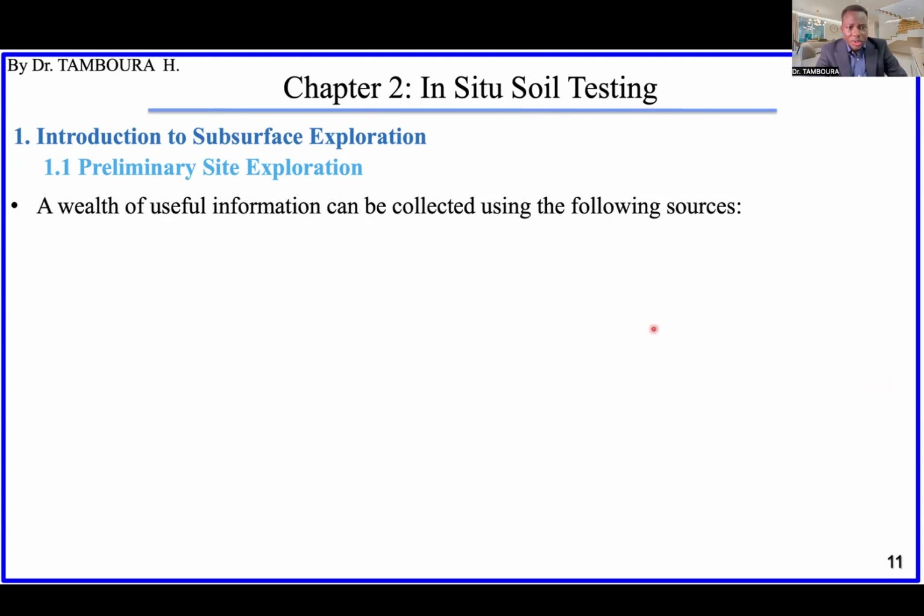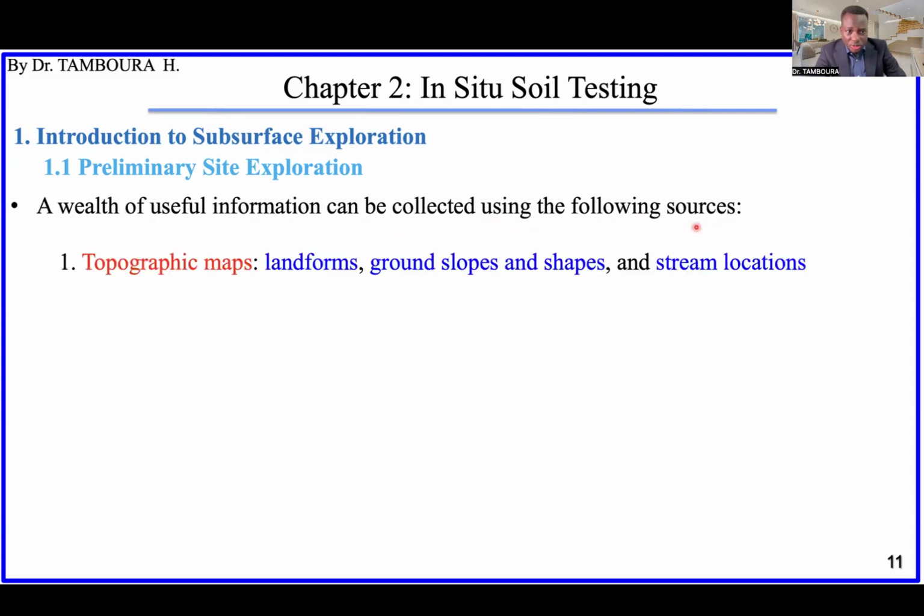Some useful information can be collected using the following sources. Many information you can get from topographic maps. This can include landform, ground slope and shape, and stream location. Maybe there are a lot of administration offices that can provide you with this.